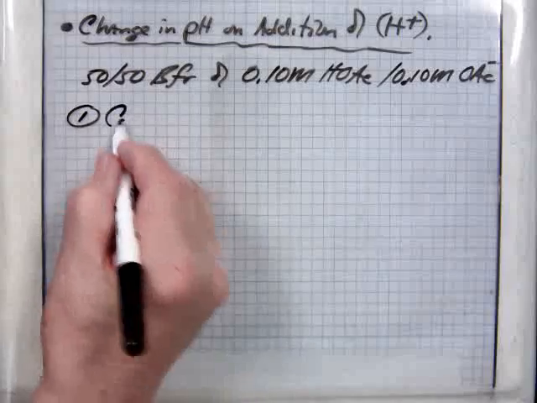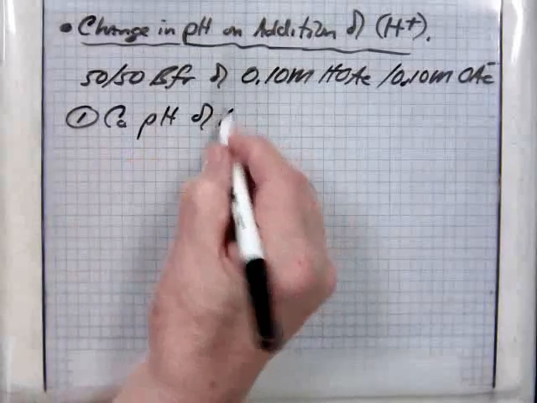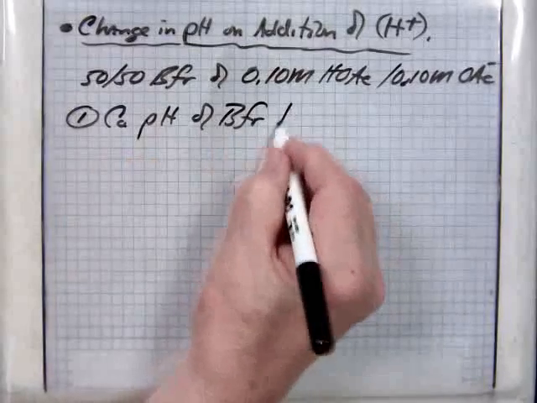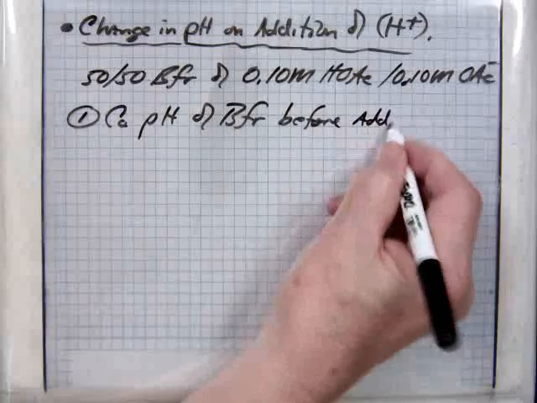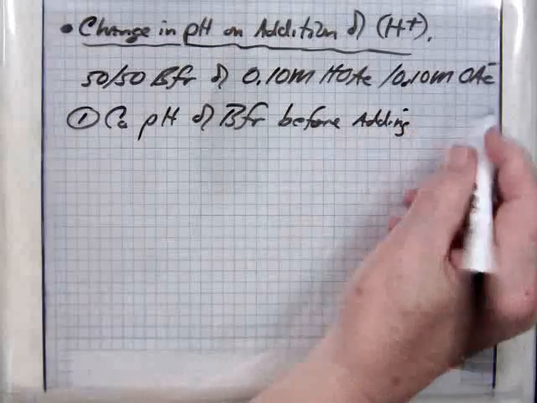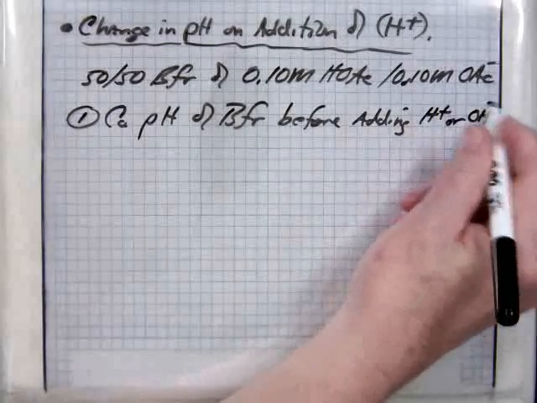One, calculate the pH of the buffer before adding H plus or OH minus.